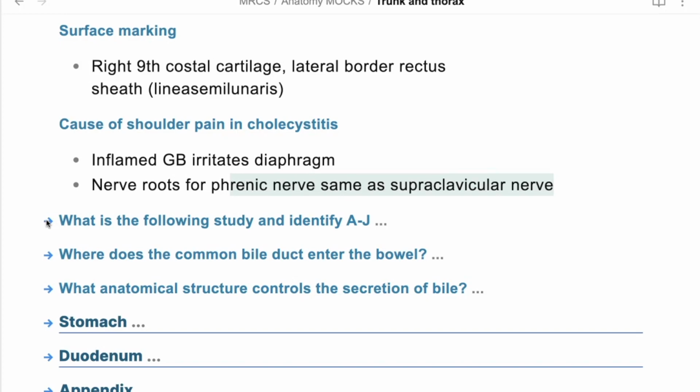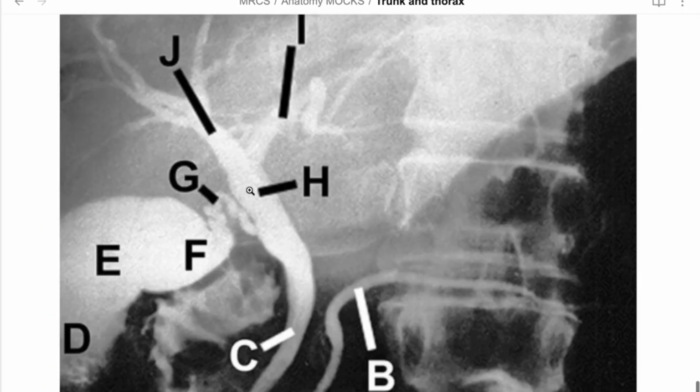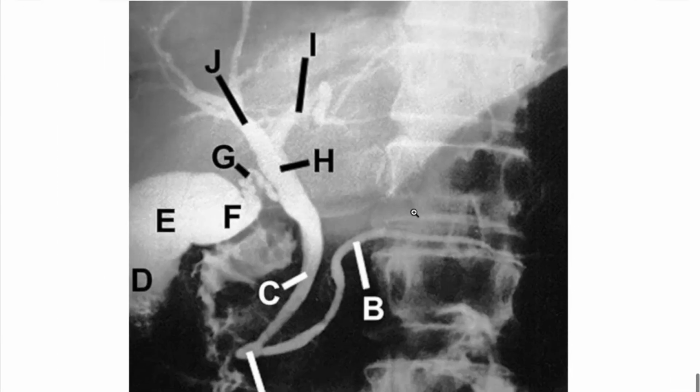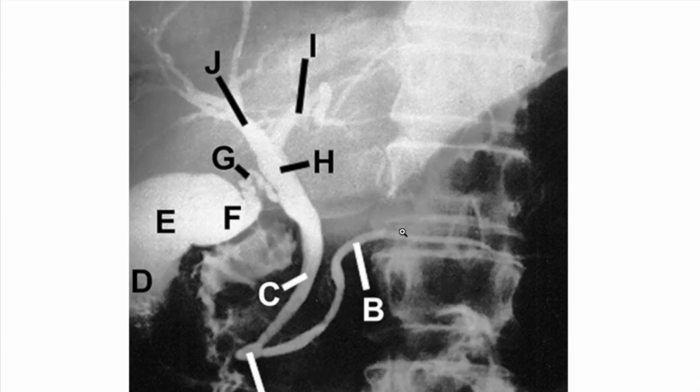Okay, so let's come to this nice diagram. I'll probably get the image a little bit smaller for you, just to be able to see everything. So what is this study? This is a T-tube cholangiogram. Can you say again?